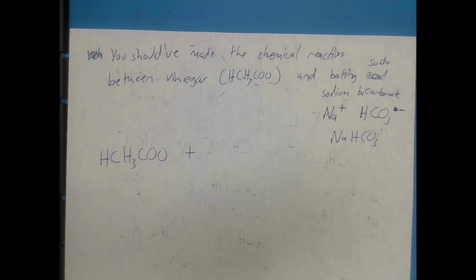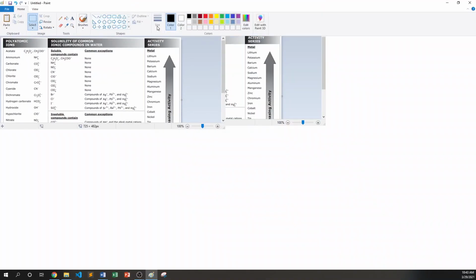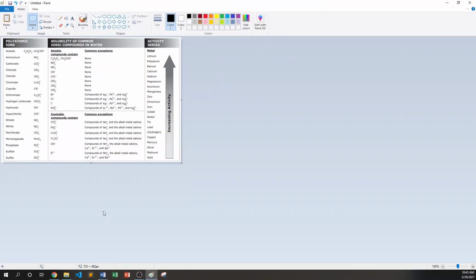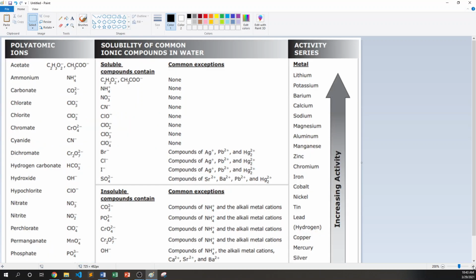Assume almost all acids dissolve in water. Looking at our solubility rules, it's not inclusive, but we can assume all acids.